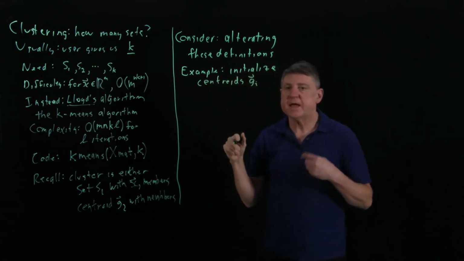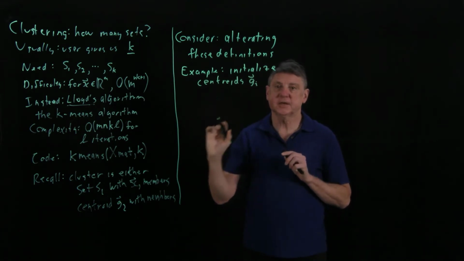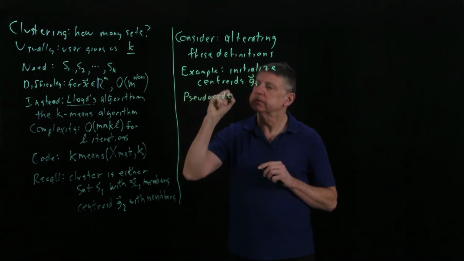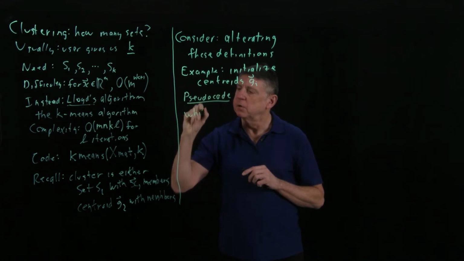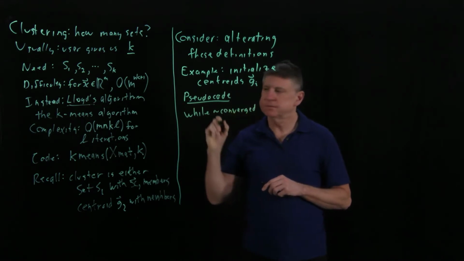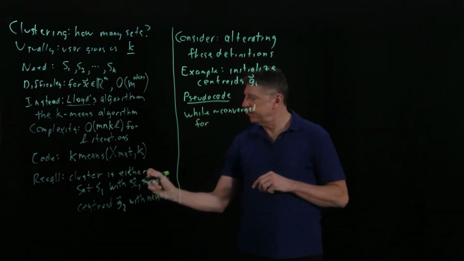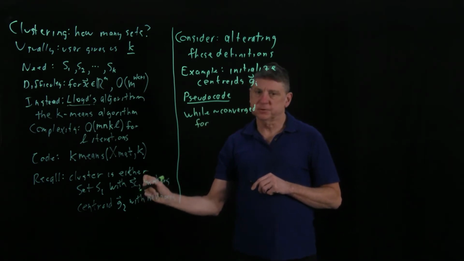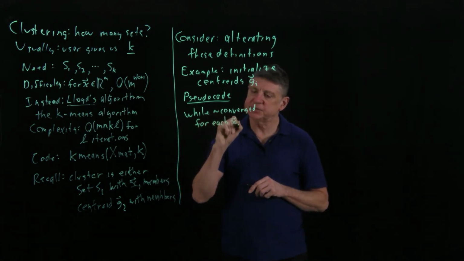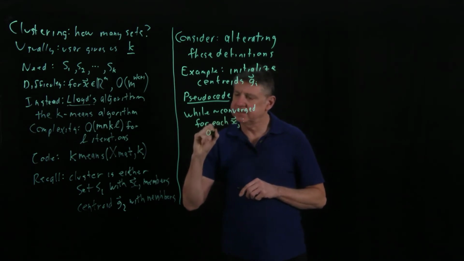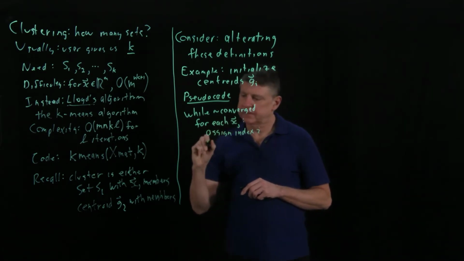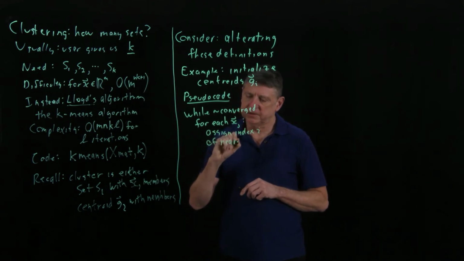And then what we can do with that initialization, in pseudocode, is say that while we have not converged, we will apply this definition first: for each data vector xj, we'll assign the index i of the nearest centroid.